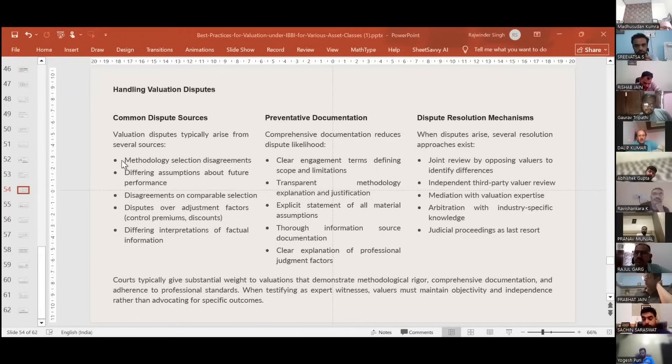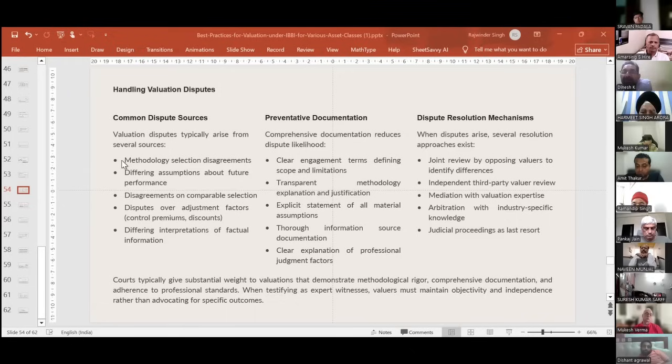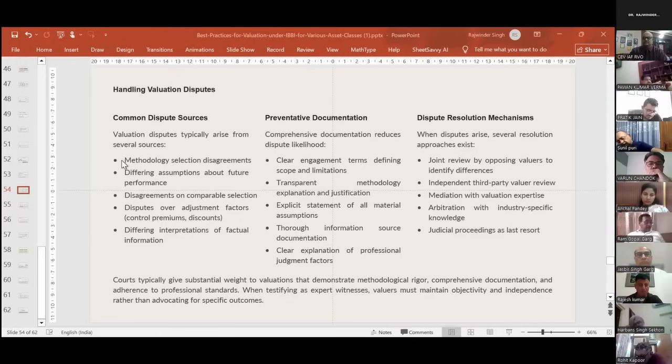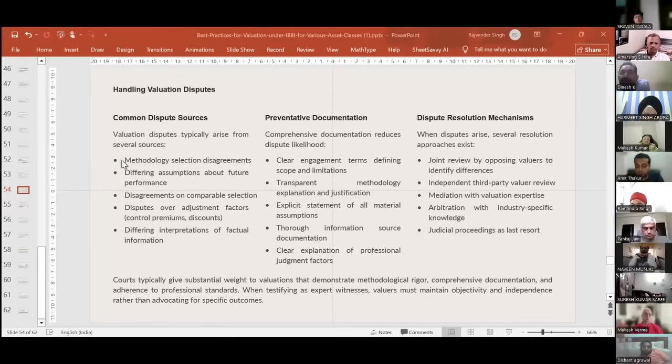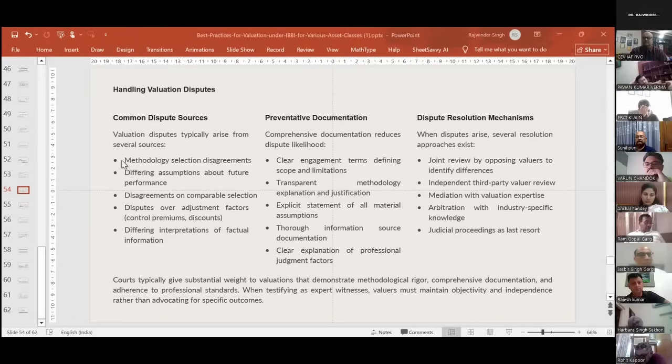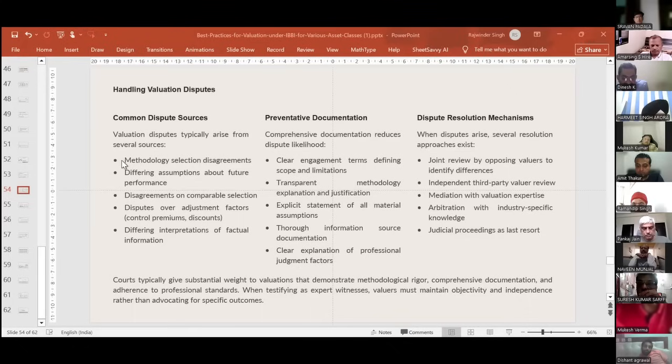So mainly the problem arises from the selection of the approach you have used for the valuation. Either you use multiple approaches, as we have discussed, so that you are able to give a valuation based upon weightage assigned to each of the methods, or you should be able to justify why you have used only that particular method.